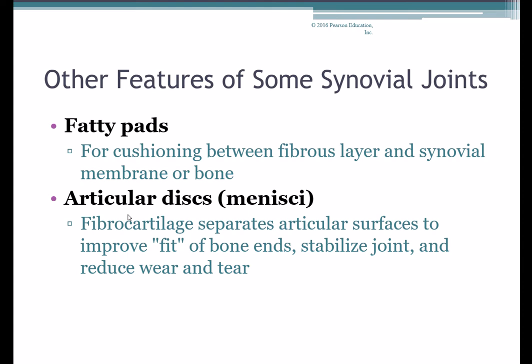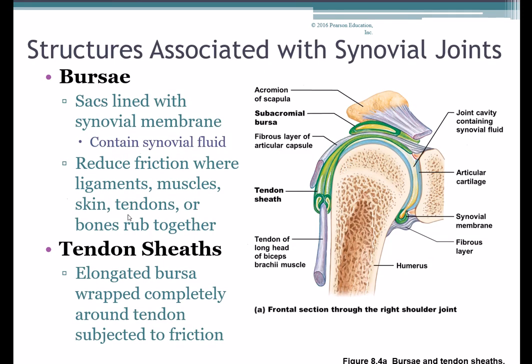So your knee menisci are a great example. All the weight of the body is on our knee joints, and so we have these menisci that help reduce the stress and strain that are constantly on our knee joints.